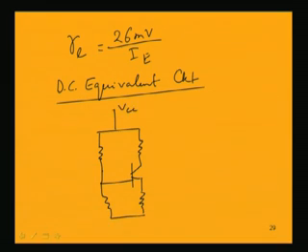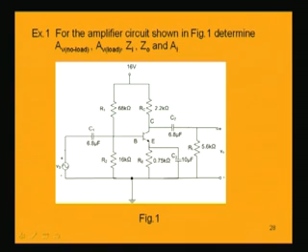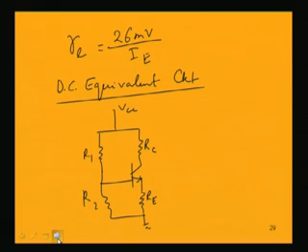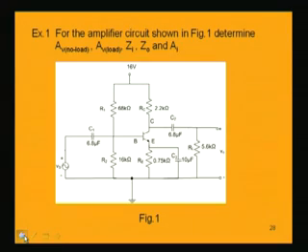This is VCC, R1, R2, RC, RE, and this is a common emitter NPN transistor, and beta value is given, say equal to 100.